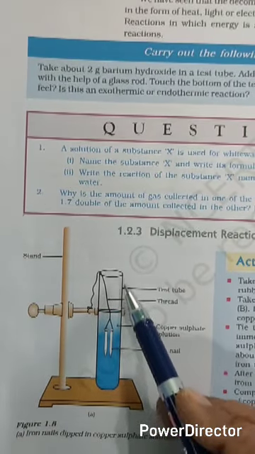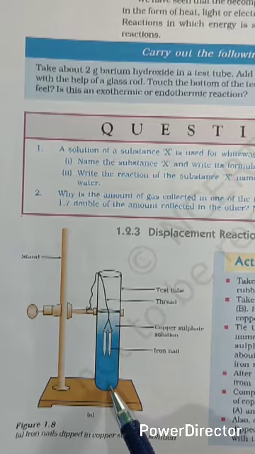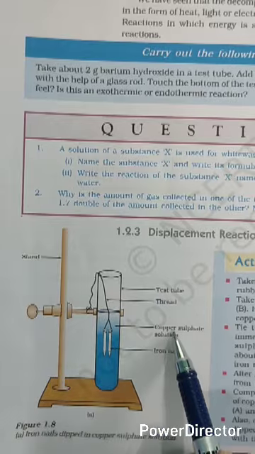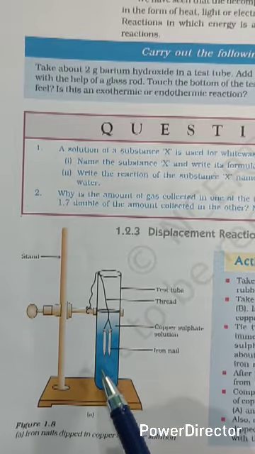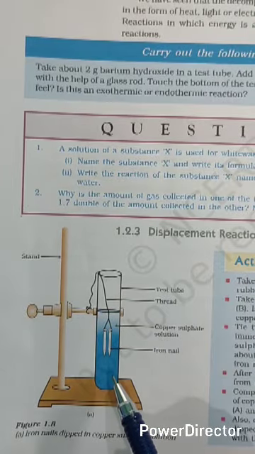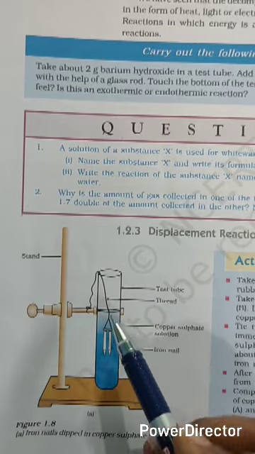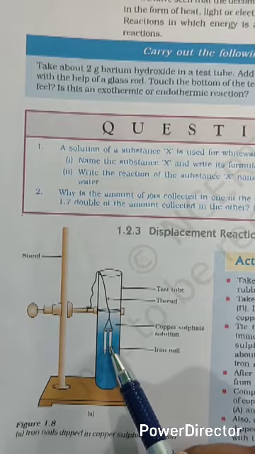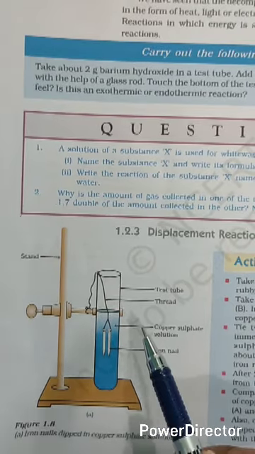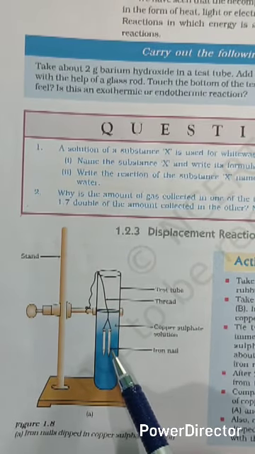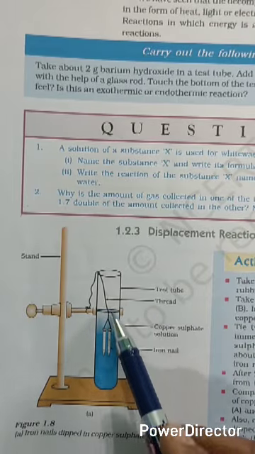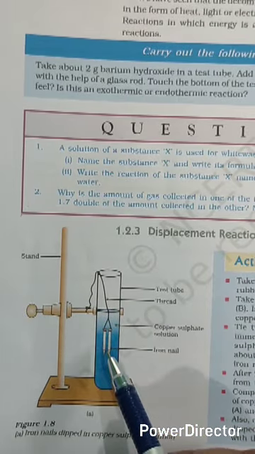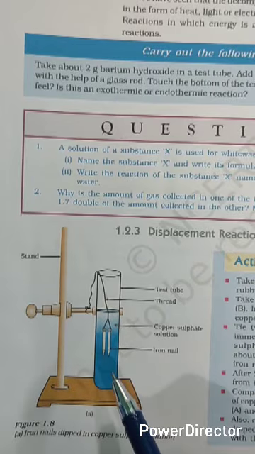In this test tube we have to take copper sulfate solution. What is the color of this copper sulfate solution? Blue color. And out of these 3 nails, 2 nails we have to dip like this way and make this setup.